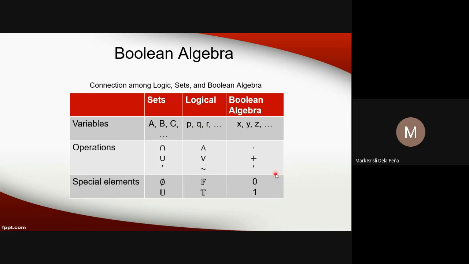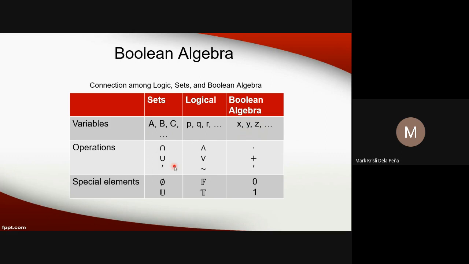In terms of the variables used in sets, we use capital letters or uppercase letters. In logic, commonly we use the variables p, q, and r. In Boolean algebra, we will be using the lowercase x, y, z. Though again, we can still use other letters of the alphabet, the most commonly used variables in Boolean algebra are the letters x, y, and z.